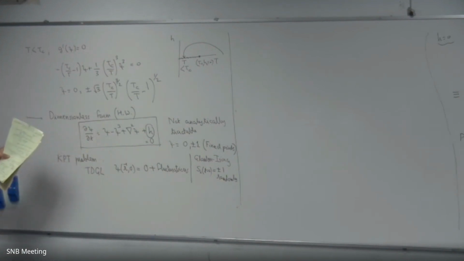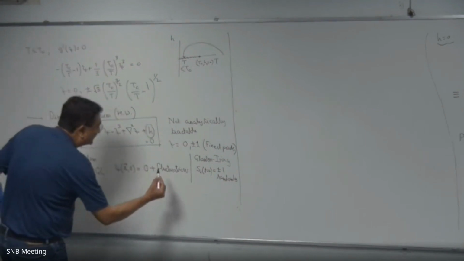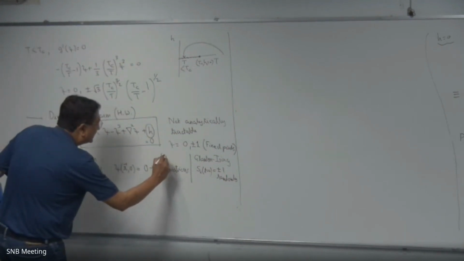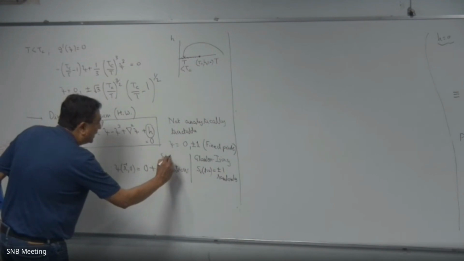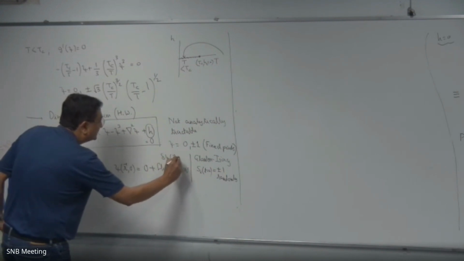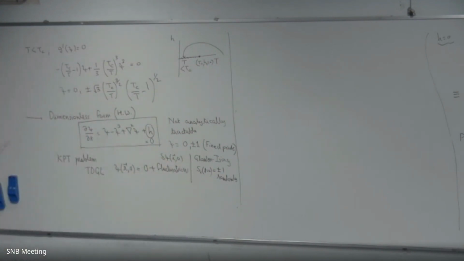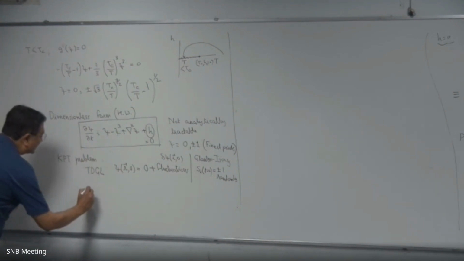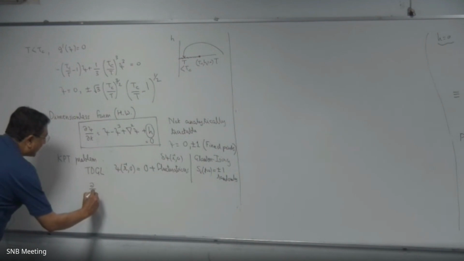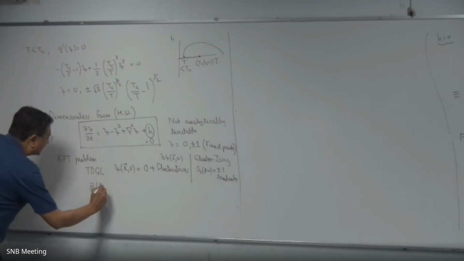What you do with this initial condition, let me call these fluctuations delta psi, delta for small, at r, 0. Let's plug these into the TDGL equation and see what we get. Del psi by del t simply becomes del by del t of delta psi.